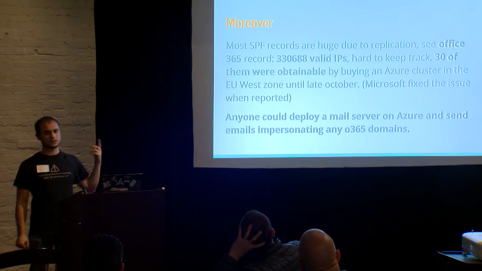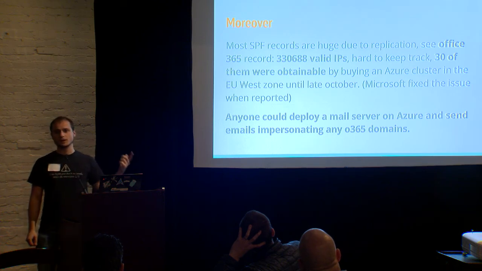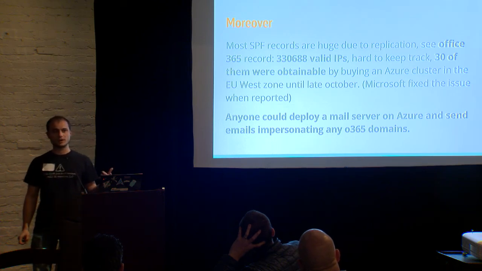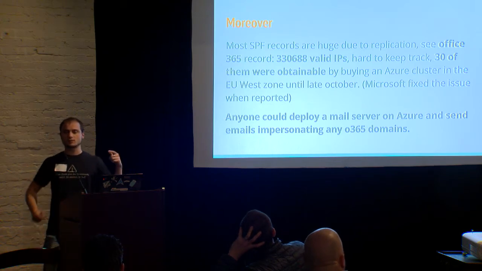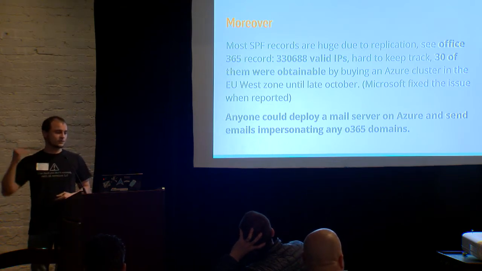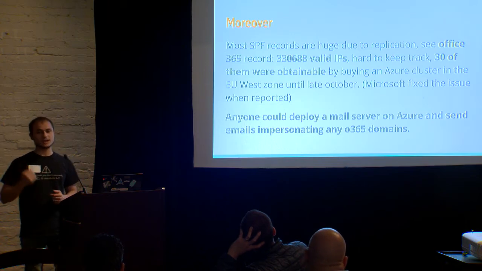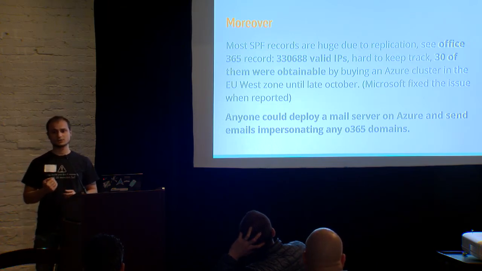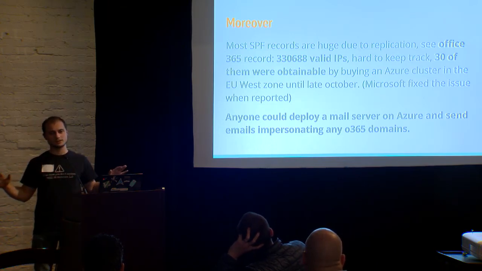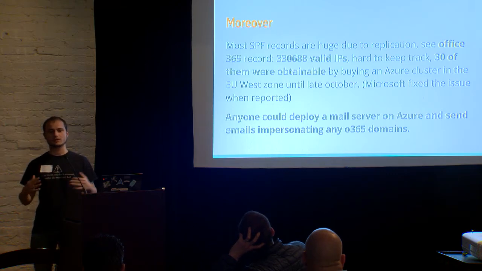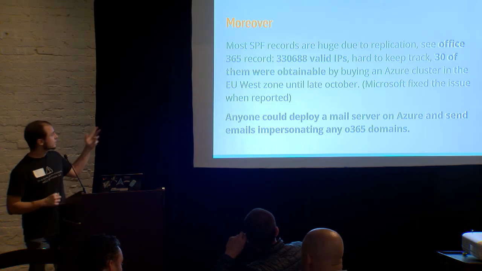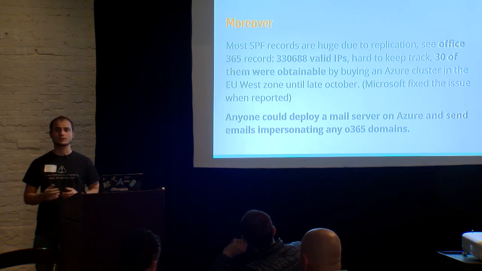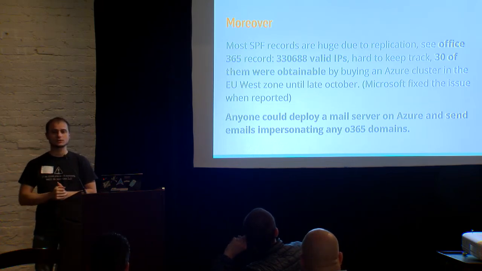But let's say you're using an external email service provider, like, for example, Office 365. In October, I found a way to bypass SPF protection in Office 365, based on the fact that they had 300,000 allowed IPs to send emails as anyone in the Active Directory of any domain subscribed to Microsoft.